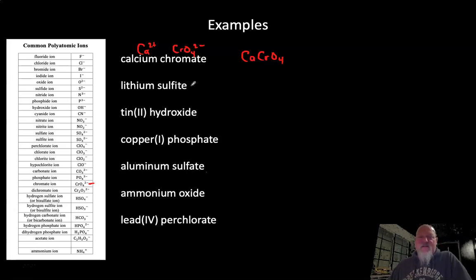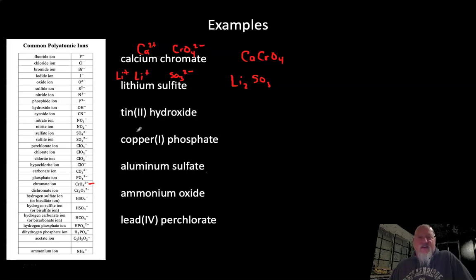And that's it. Lithium, Li plus. Sulfite, if I go over here, that's SO3 2 minus. And you can see there's 2 negatives and only 1 positive. So I'm going to need a second lithium. So I'm going to write Li2, so there's 2 lithium pluses and an SO3 as the anion.